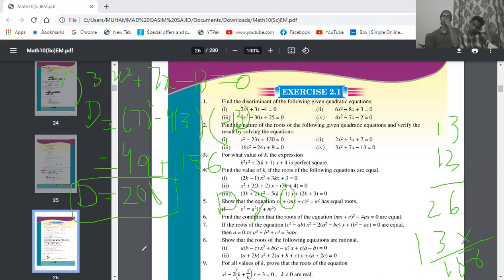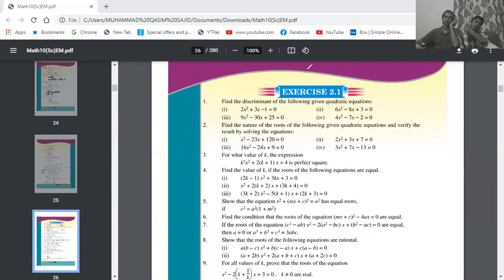So the roots are irrational and unequal. So this is the solution of question number 2. Now we'll move towards question number 3. What will be the value of k if k square is a perfect square?